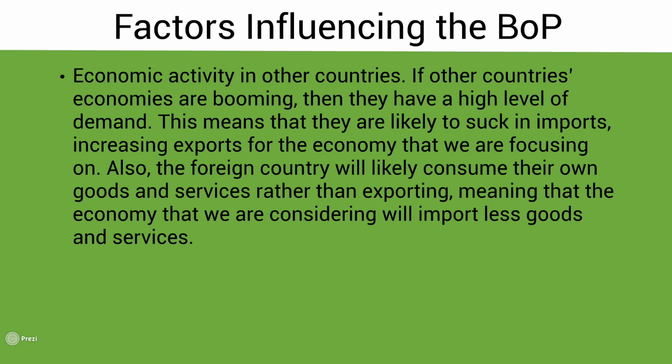Also, the foreign countries who have a high level of economic activity will likely consume their own goods and services rather than exporting these goods and services. This means that the economy that we are considering will import less goods and services. High levels of economic activities in other countries have the potential to turn the balance of payments into a surplus, or reduce the deficit, or increase the surplus.